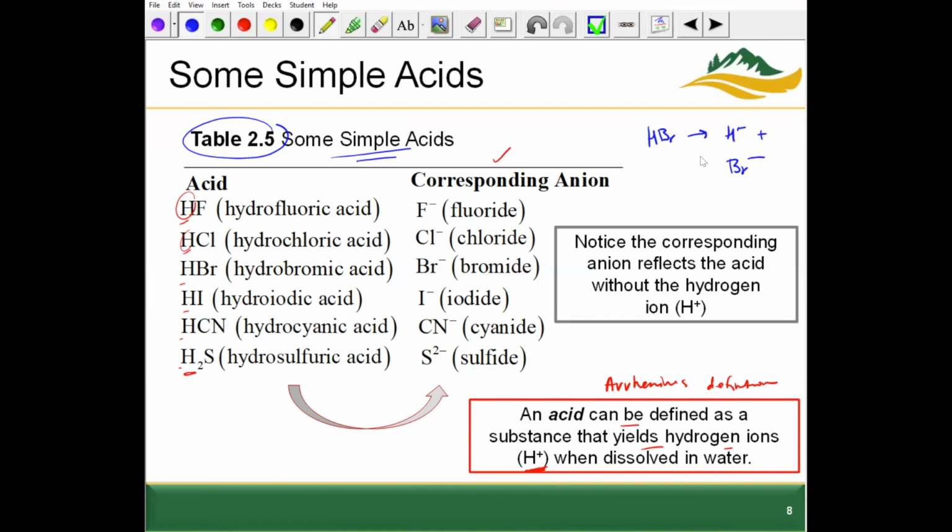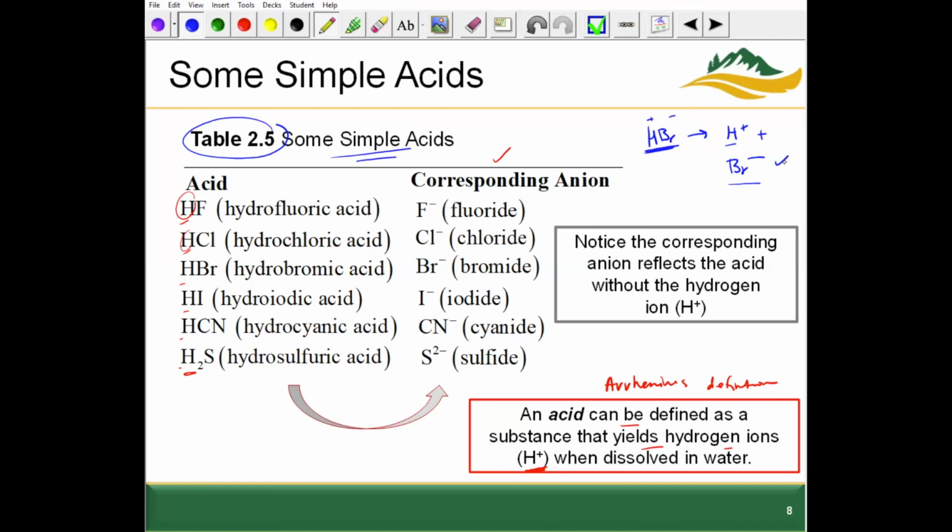Where did we get that from? Well, H+ has a +1 charge. This whole molecule is neutral before the H+ dissociates. So Br has to have a -1 charge to make this whole molecule neutral. So if this is neutral and H has a +1, Br has to have a -1.